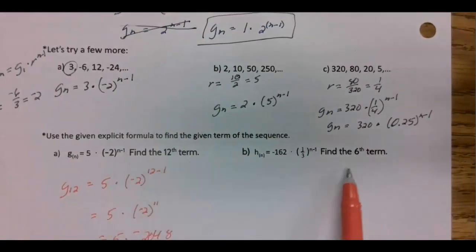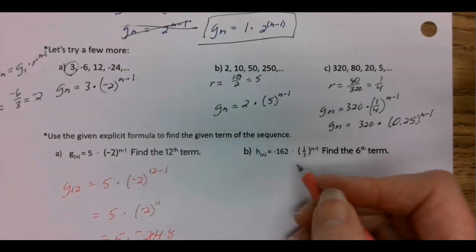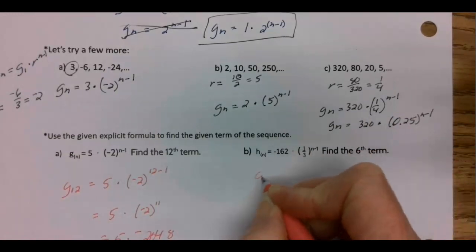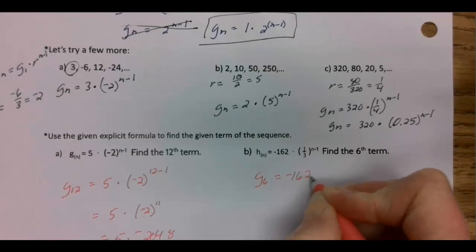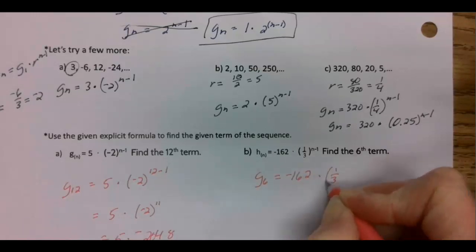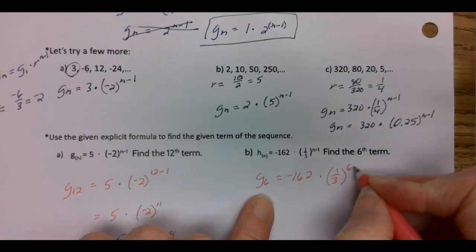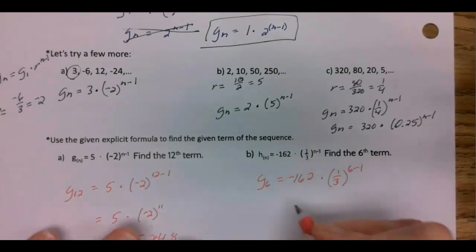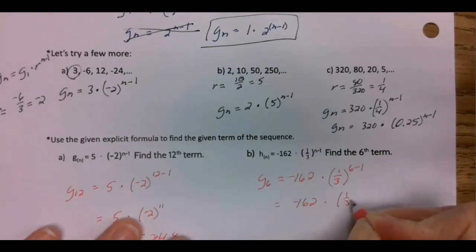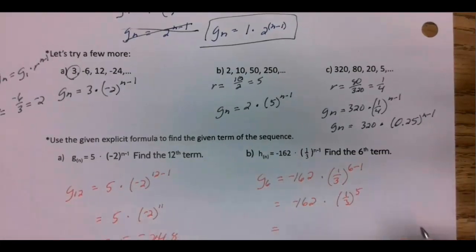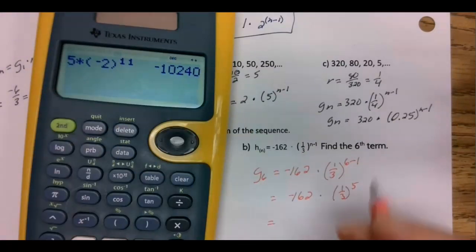Find the 12th term. Now we want to find the 6th term. So we're going to find G sub 6. I have negative 162 times 1/3 to the 6 minus 1 power. So that's negative 162 times 1/3 to the 5th power. Pull out your calculator.